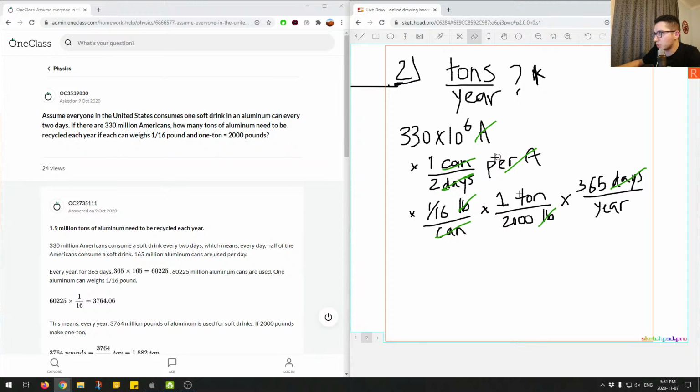So now all we have to do is the calculation, just multiplying this through and using the values in the front. So we say 330 million times 1/2 times 1/16 times 1 over 2,000 times 365. And then we'll get our final answer over here. So let's just plug this into our calculator.